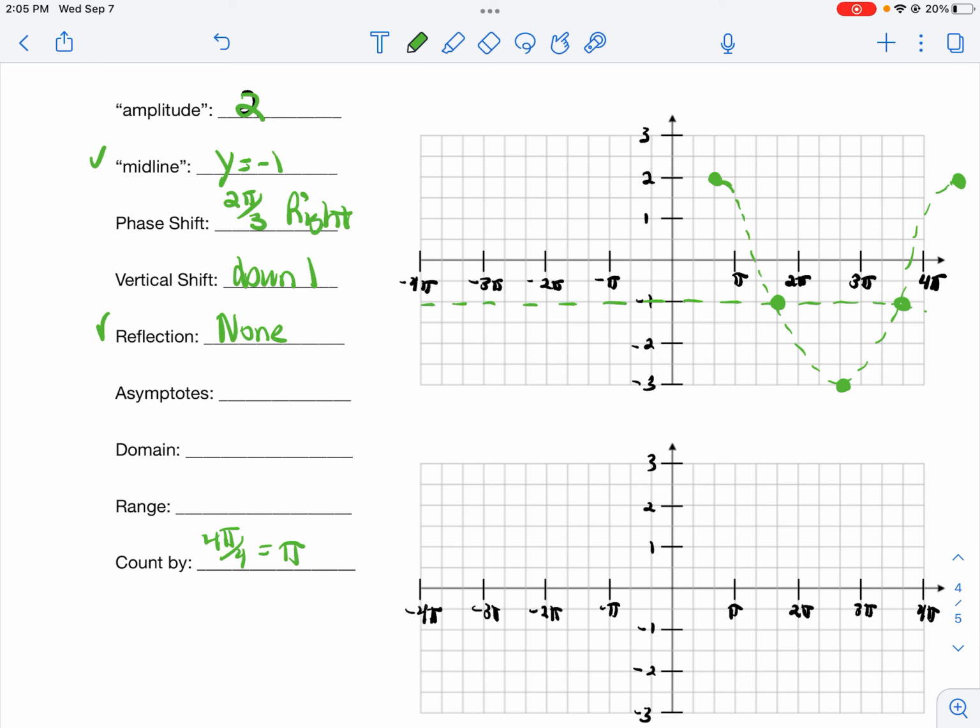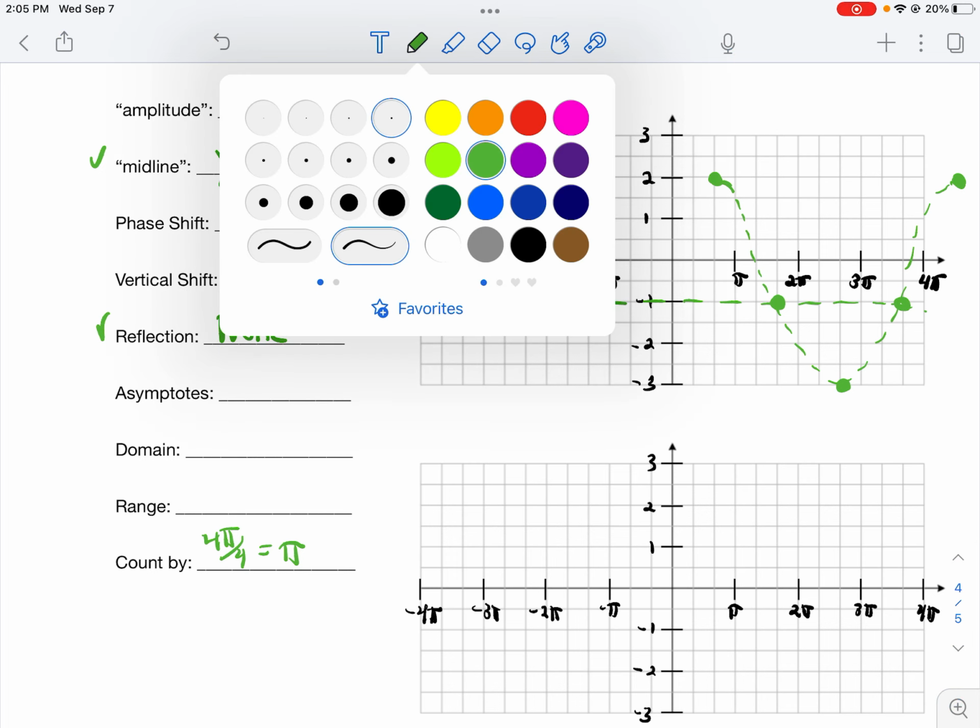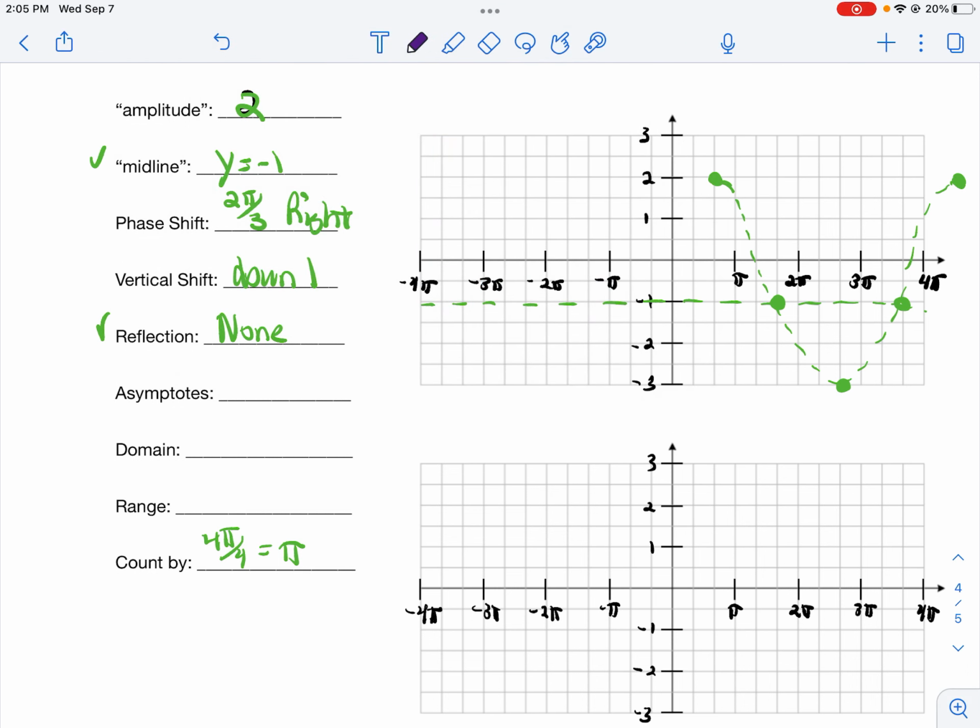So to graph my actual graph, I'll do that in purple. Okay, so there's a dot. I'm going to do my midline to help me out, although the graph again does not have a midline. Okay, and there's a dot.